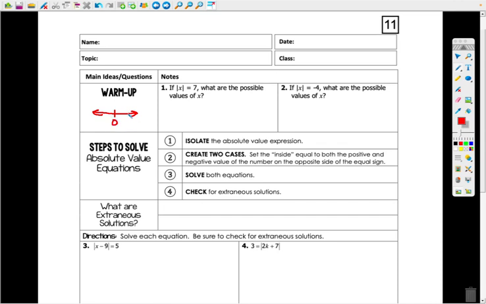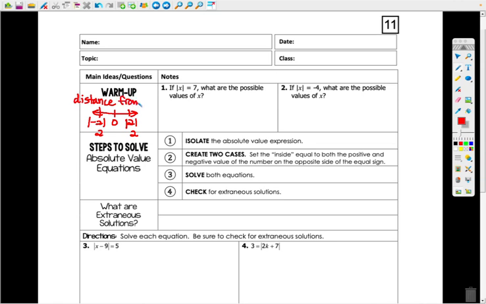So the absolute value of 2 is 2 because it is 2 places away from 0 on the number line. The absolute value of -2 is also 2 because it is simply asking how far the number is from 0.